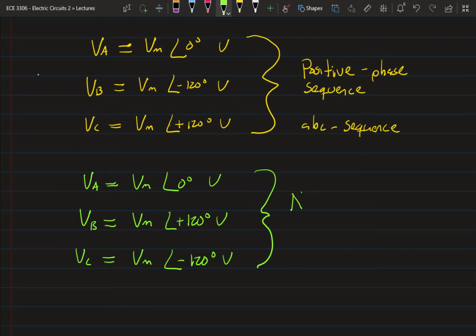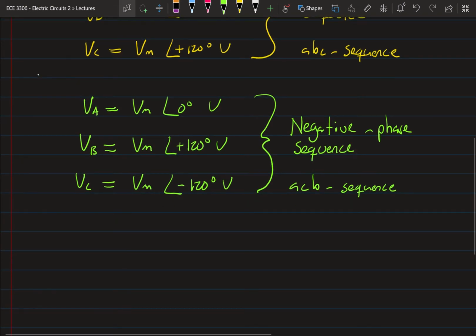And this is, like I said, a negative phase sequence. Sometimes also called an ACB sequence.